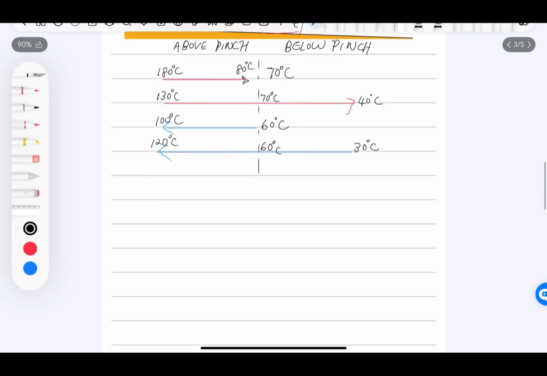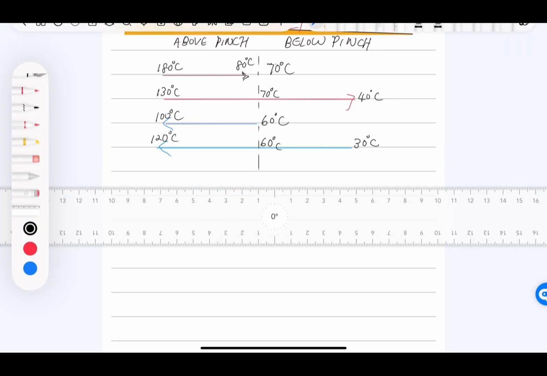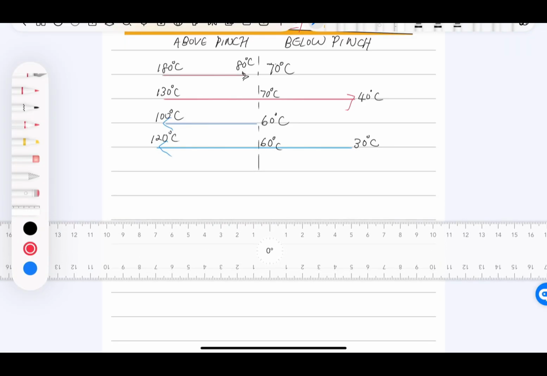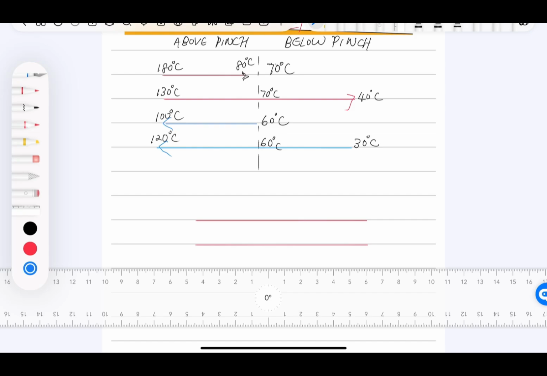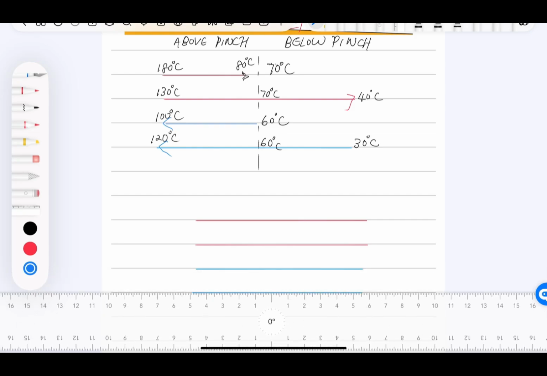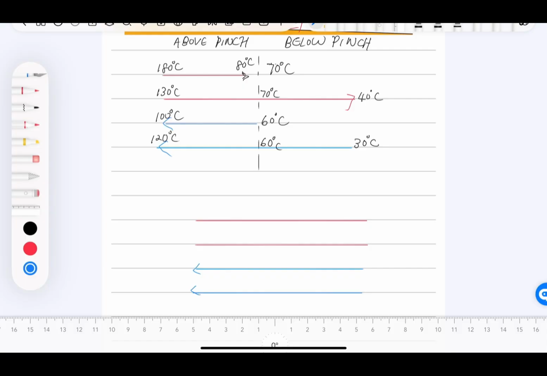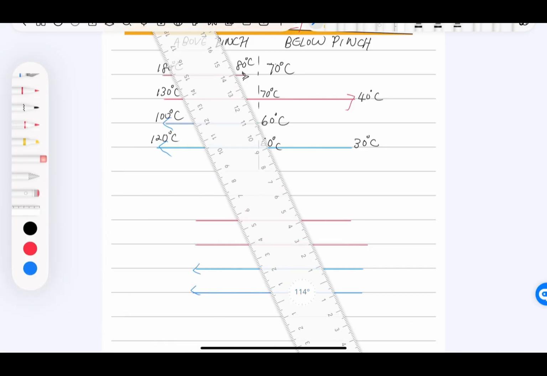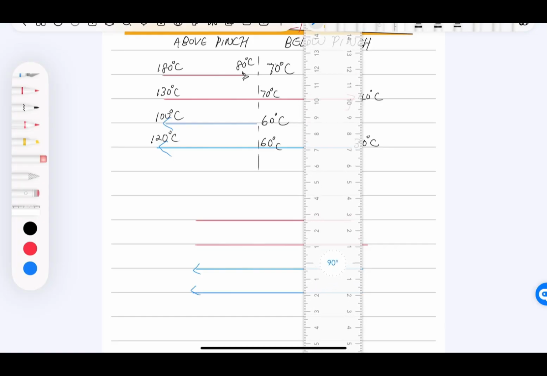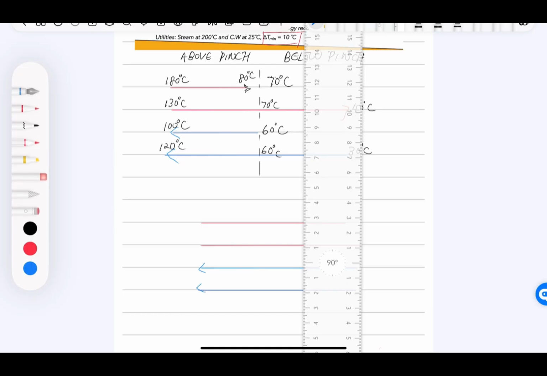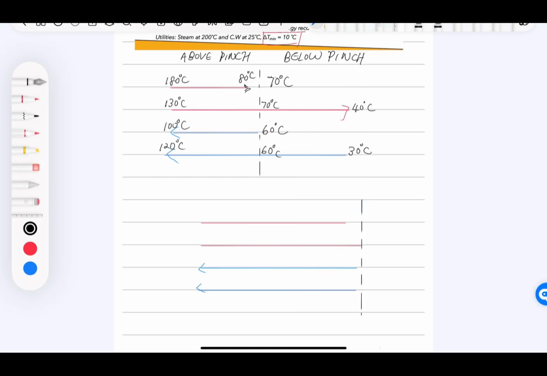Okay, so I'm going to redraw it. 180 to 80, and then this is the pinch temperature.